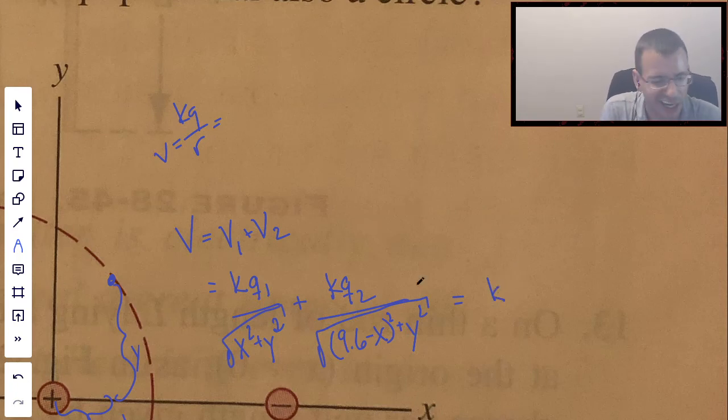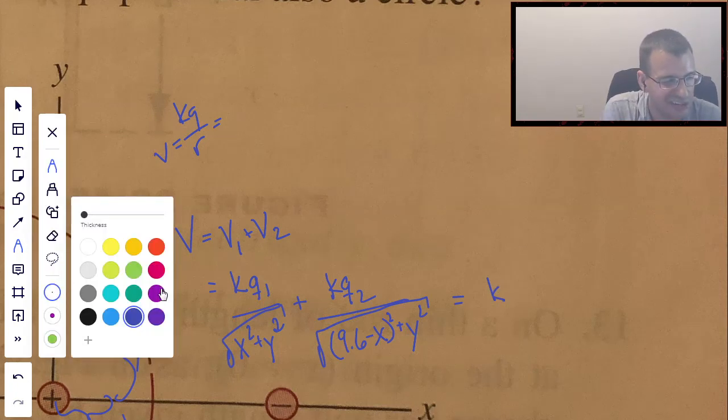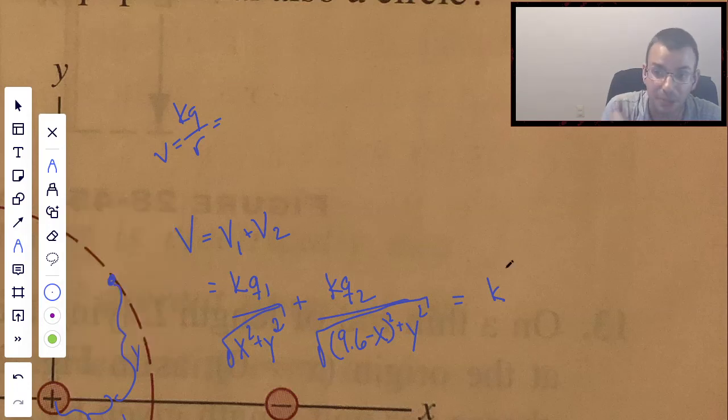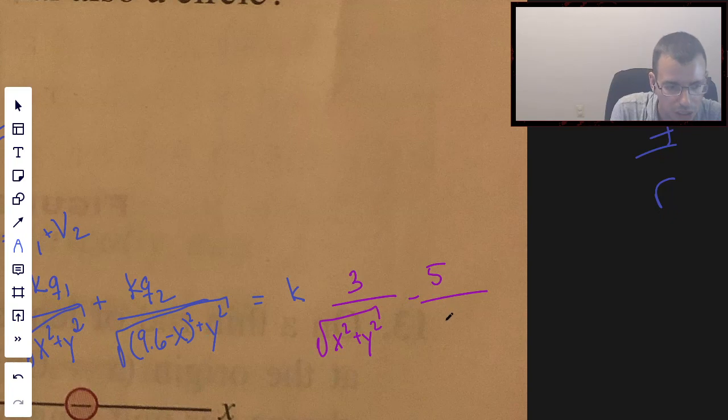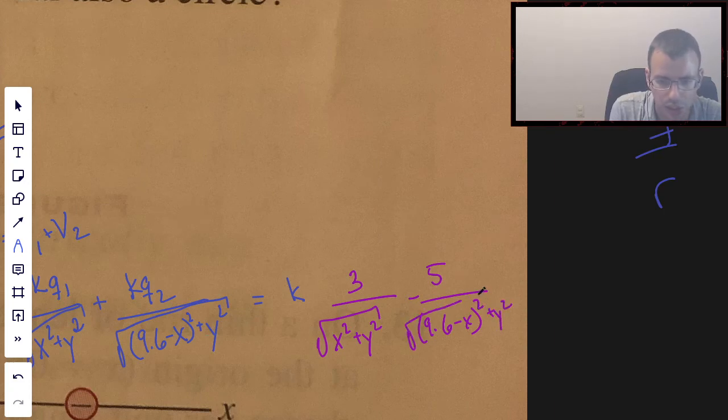I think 8.99 times 10 to the negative 9 times 10 to the positive 9th, I think. And this will be 3 over X squared plus Y squared, square rooted, minus 5 over 9.6 minus X squared plus Y squared, also square rooted.